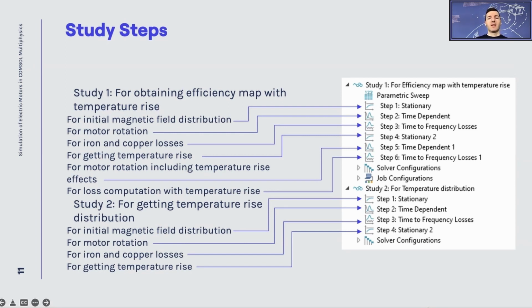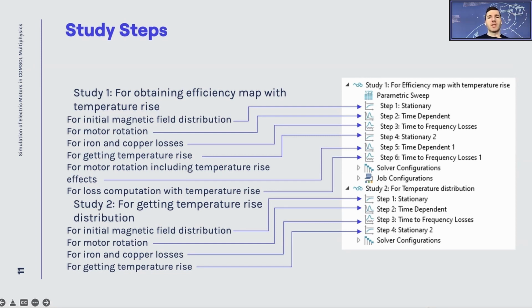And the second study is used for calculating the temperature distribution inside our motor. And just to name a few of the steps under these study solutions, we have a parametric sweep and then we have a stationary sweep. In the stationary solution, we calculate the magnetic field, then we create a time-dependent simulation.